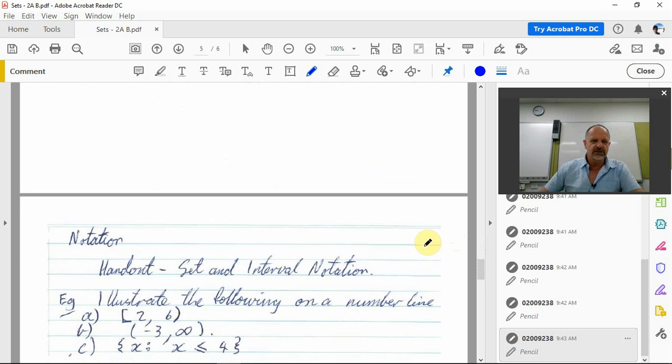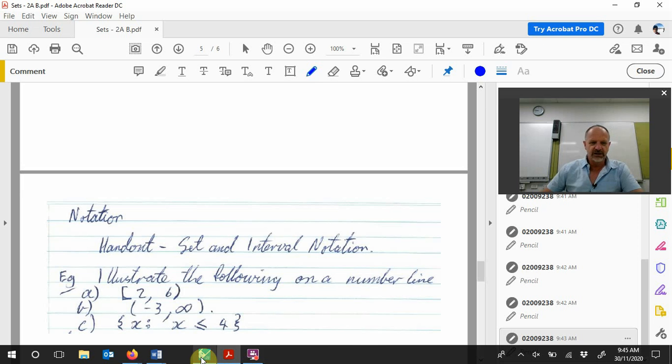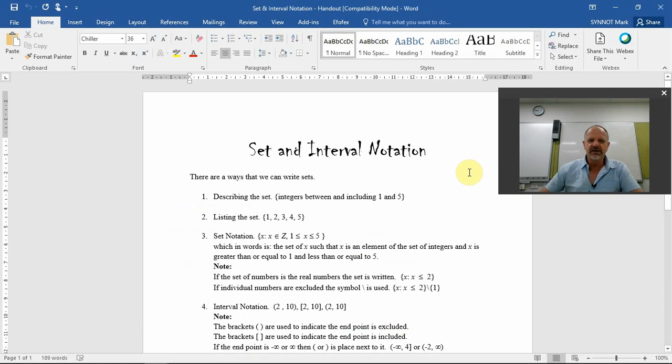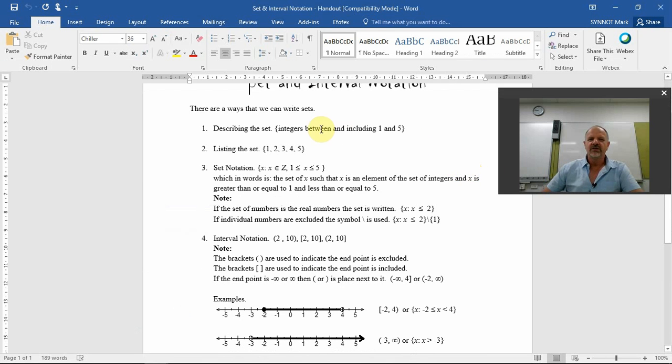All right, so some notation. We get onto notation next. And so there's another handout, and here we are. It's this one here, set and interval notation. So some information and then some diagrams down here. So I'm going to work through these things.